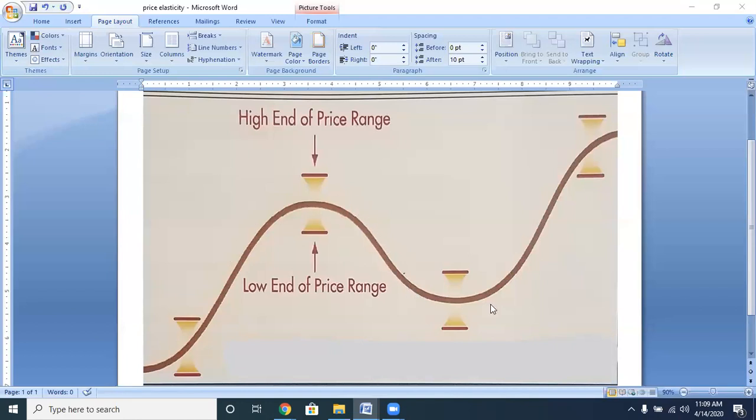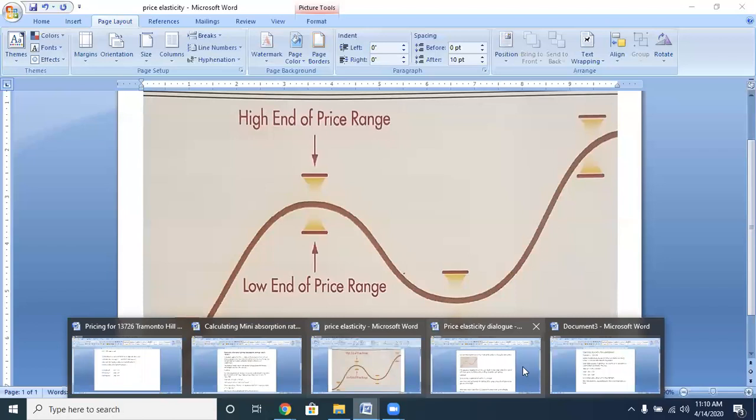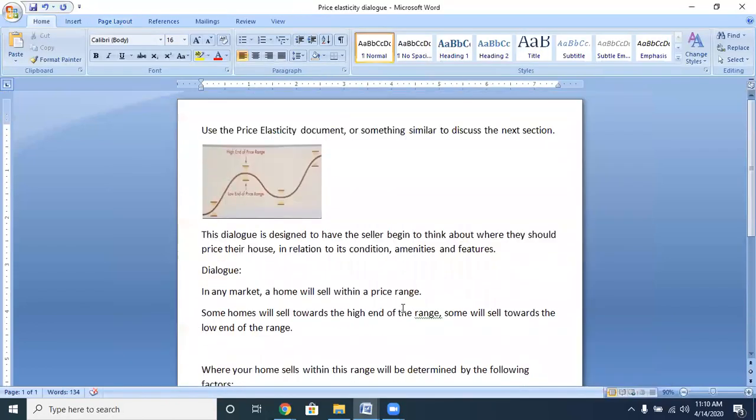So this is a good visual for sellers to look at and get an understanding. And again, right now we're not debating, we're not talking about price. We just want them to understand the concept that prices do sell in a price range given upon the market, okay?